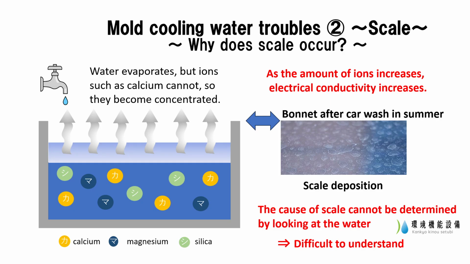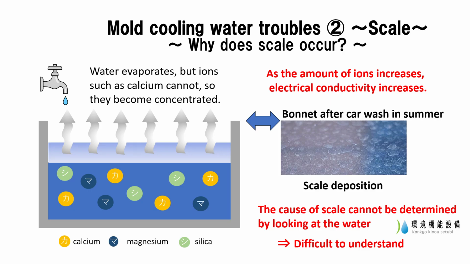This illustration illustrates the mechanism of scale formation. Scale formation occurs when ions in water precipitate and become visible due to water evaporation. Water containing calcium and other ions is continuously supplied as replenishment water for mold cooling. Water evaporates, but ions do not evaporate with it.